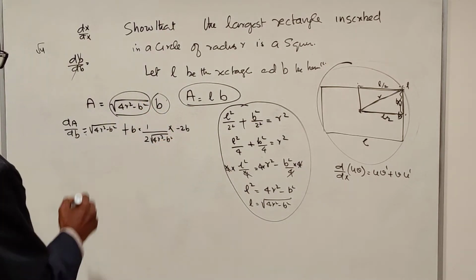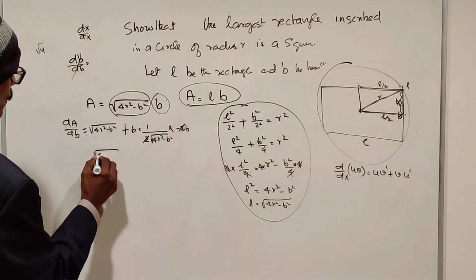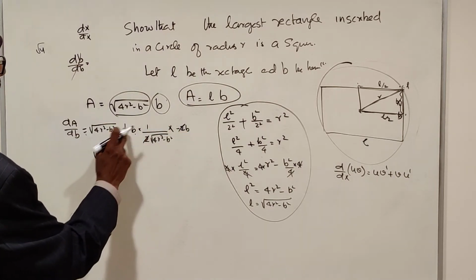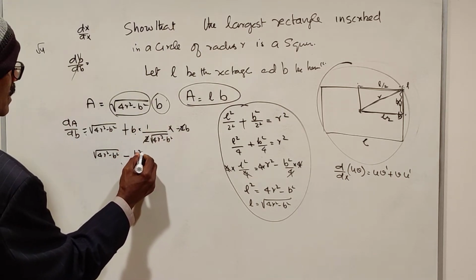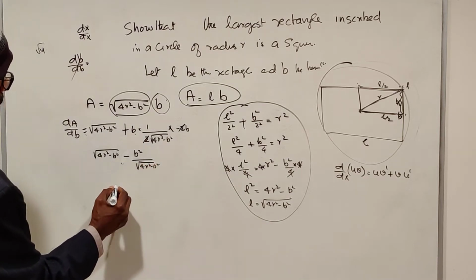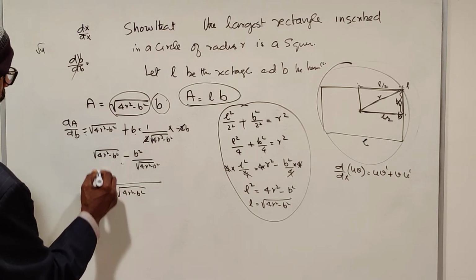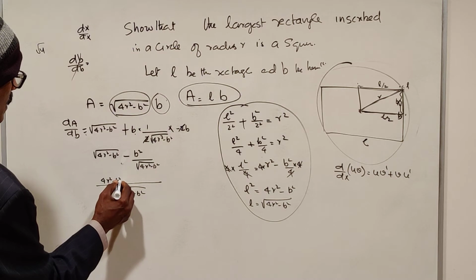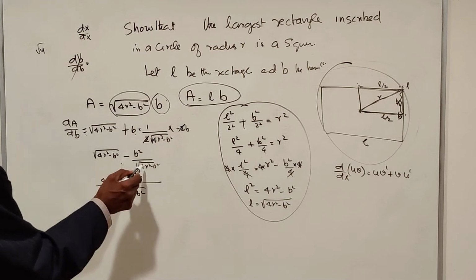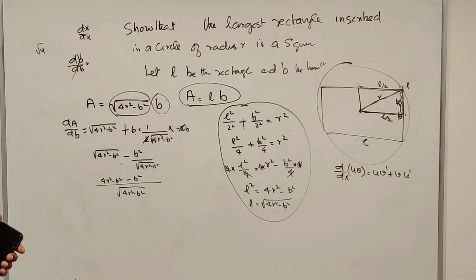The 2s cancel. So we get square root of 4R square minus B square minus B square by square root of 4R square minus B square. Take the LCM, square root of 4R square minus B square. This is 4R square minus B square minus B square.